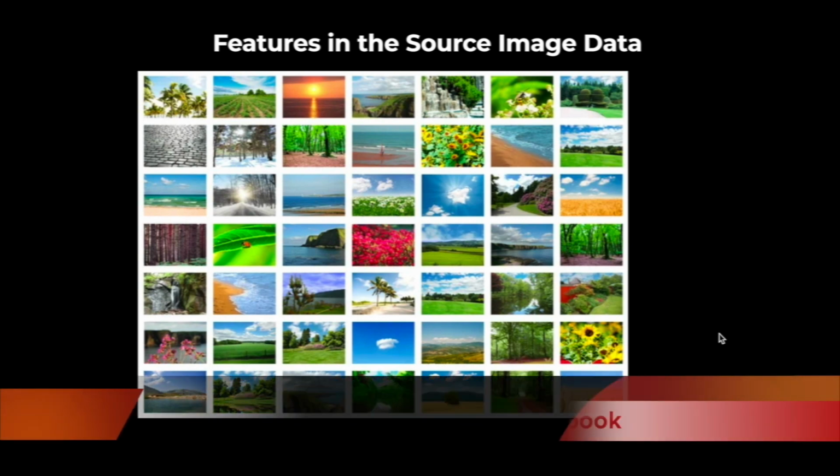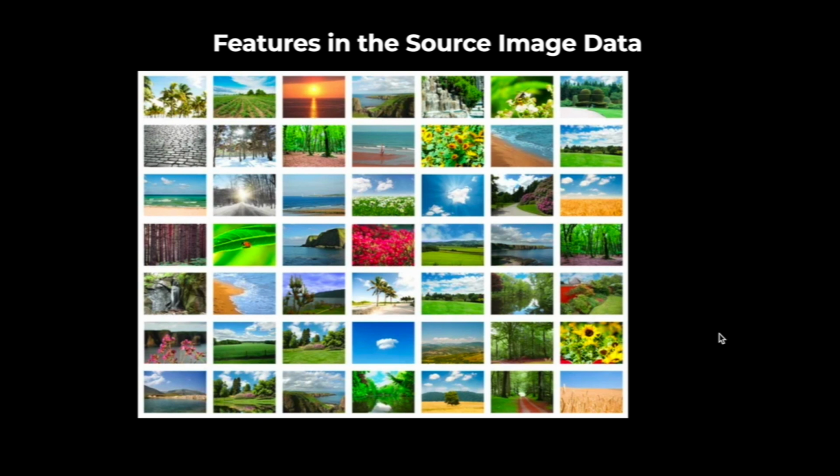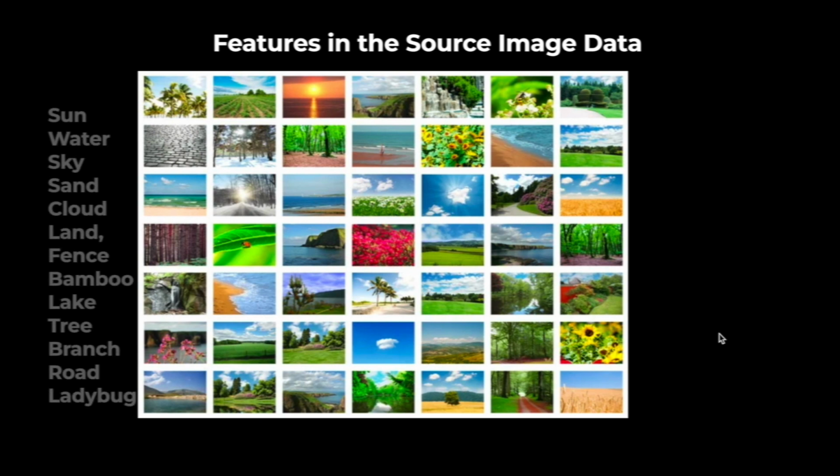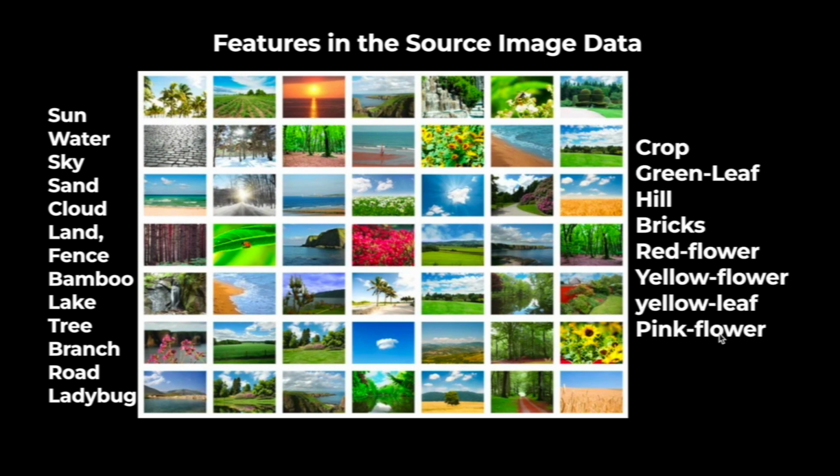If you give attention to the source image data, you will see that each image is a collection of several features such as sun, water, sky, sand, cloud, land, fence, bamboo, lake, tree, branches, road, ladybug, crop like a green leaf, hills, bricks, different colors of leaves and flowers, and so on.